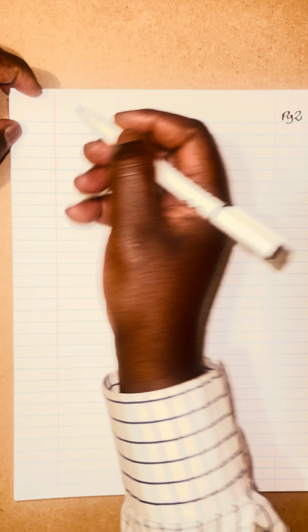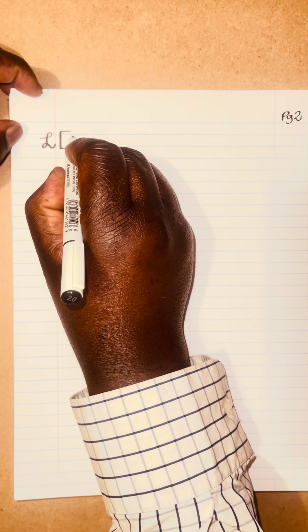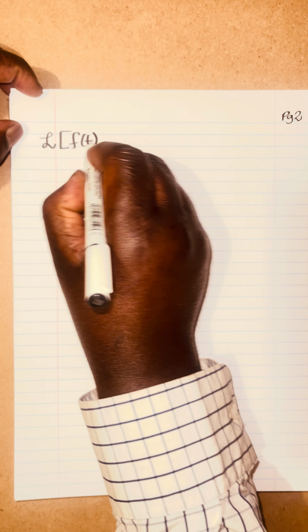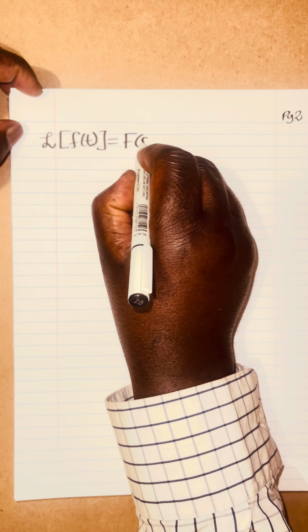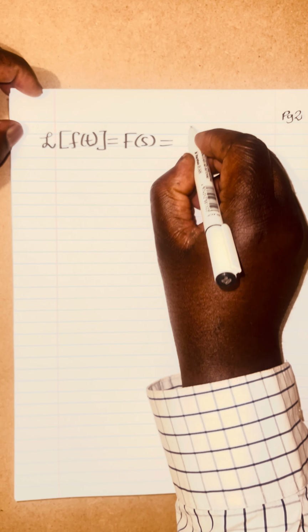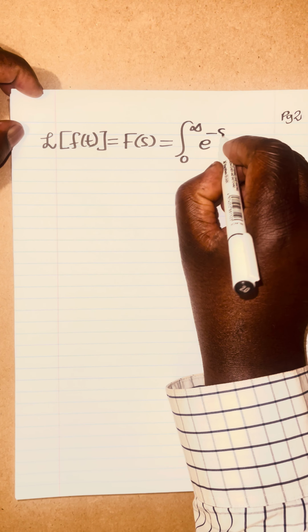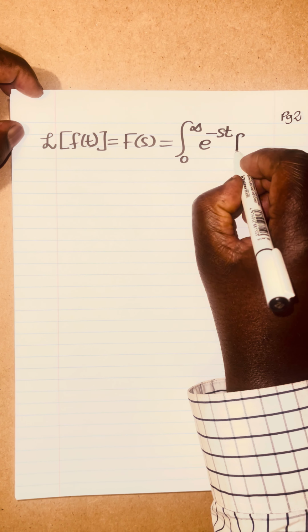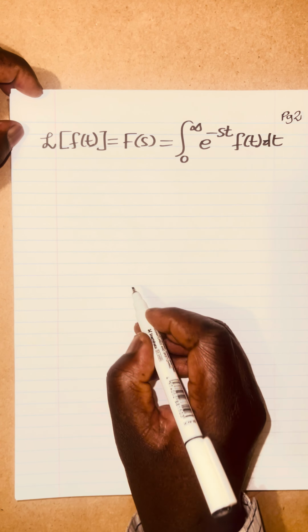So let's just capture the notation first of all. Remember the definition. The Laplace transform of the function f of t is equal to capital F of s, which is basically the integral from 0 up to infinity of e to the power minus st times f of t dt. That's the definition of the Laplace transform.